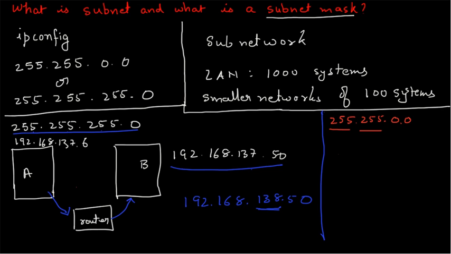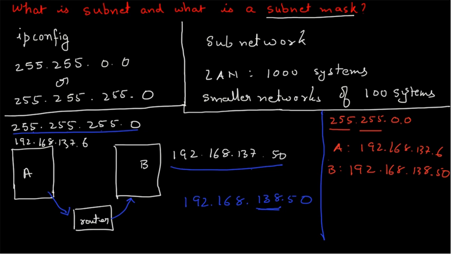So for example, again the same machine A with an IP address of 192.168.137.6 and B with an address of 192.168.138.50.